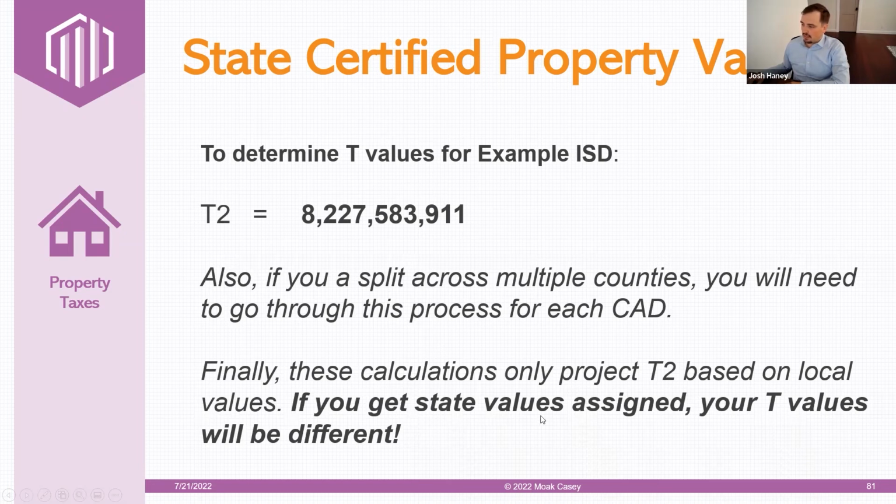And then, of course, as I mentioned, this only projects your T2 based on local values. If you get state values assigned, if the controller looks at those CAD reports and says these are outside the range of reasonableness, we don't agree with these values, we're going to put together our own values for you, then all this T2 work we just did based on local values is going to be thrown out the window, because the state's going to come in and override that.